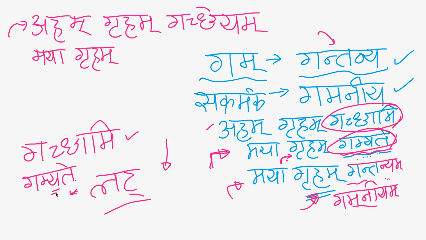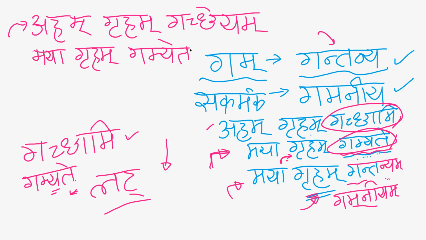That is for the lat lakara. Now look up the vidhiling lakara for vanda dhatu. What is the vidhiling form of vanda? Vandeta. Replace that vanda with gamya, it will become gamyeta.